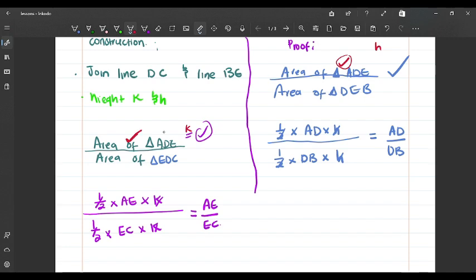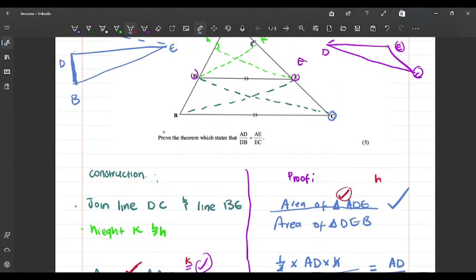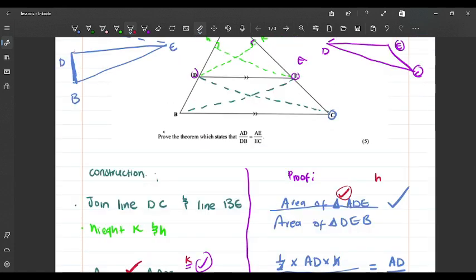What about these ones at the bottom? The area of triangle EDC as well as the area of triangle DEB. Now, I want you to have a look at something. These two triangles, triangle DEB as well as triangle EDC, are between parallel lines.